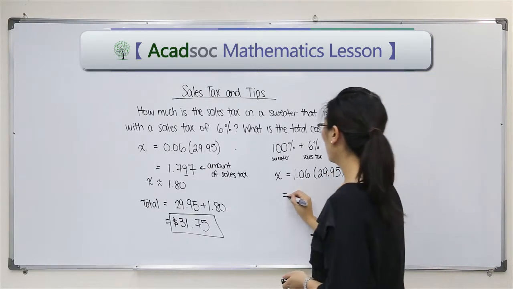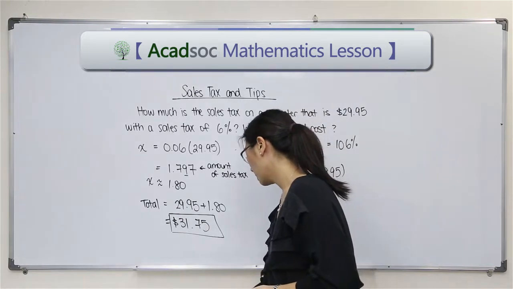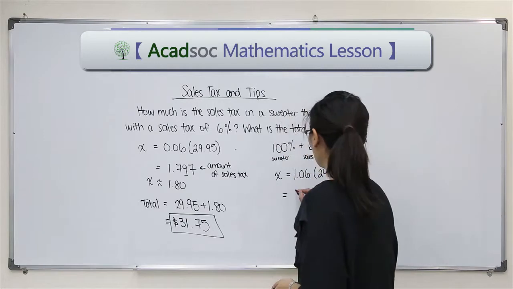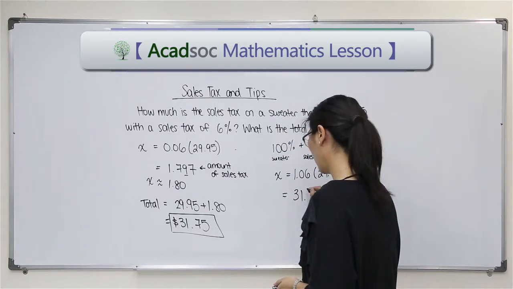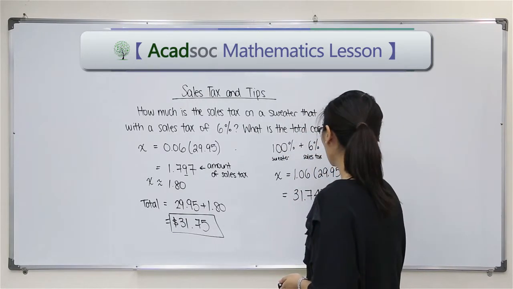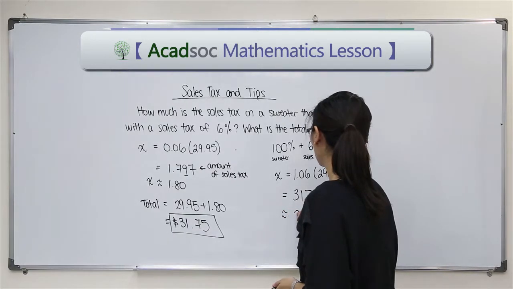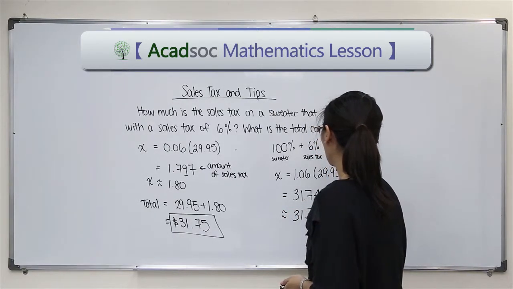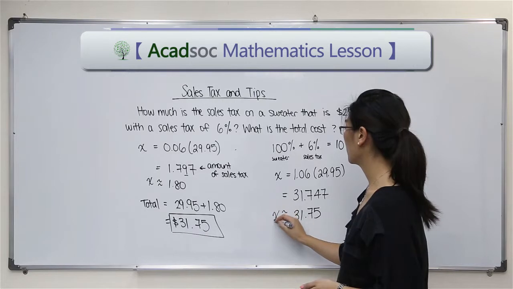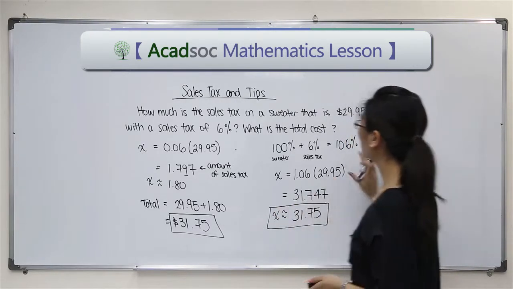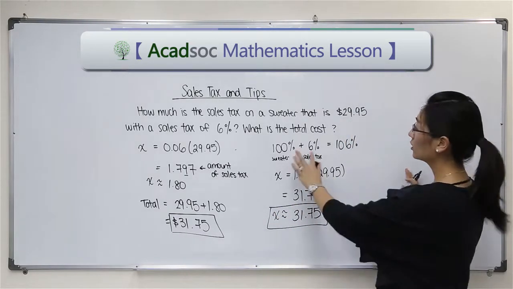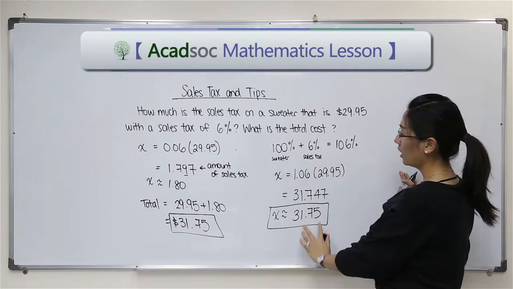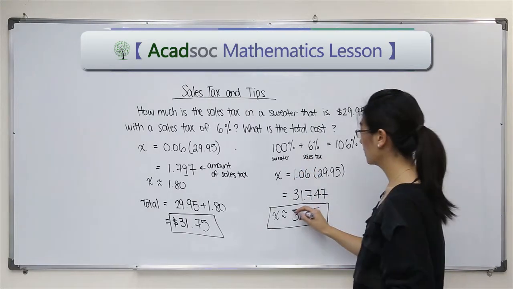And if you do that on the calculator, 1.06 times $29.95 would equal 31.747, which is approximately $31.75. So using this method, you calculate into percentage first to find the total price.